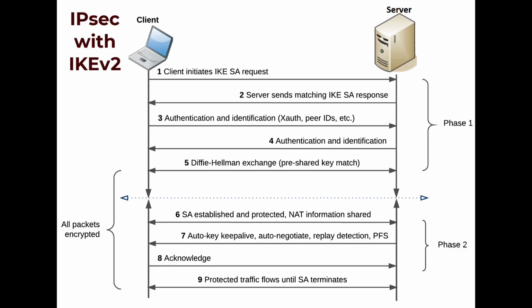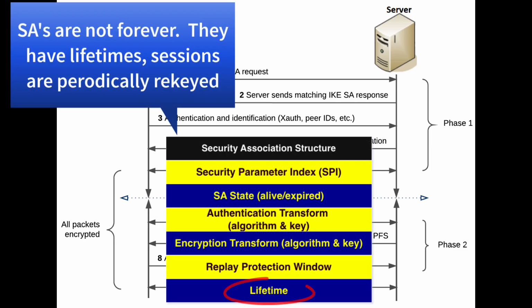Then in IKE_AUTH, they prove their identities using a pre-shared key, certificates, or EAP for remote access logins, and they establish the first child SA, which is the SA that ESP will actually use to protect data packets. One thing I want you to remember operationally. SAs are not forever. They have lifetimes.